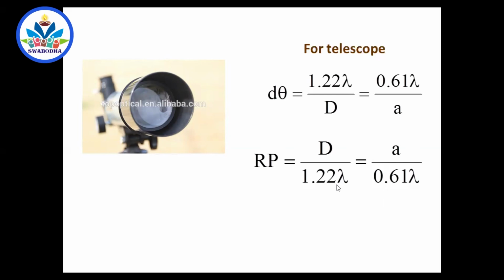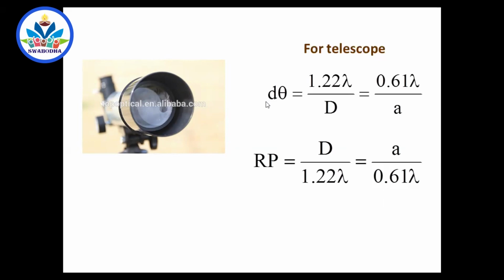So the definition of limit of resolution for a telescope: it is the minimum angle subtended at the eye by two closely lying objects which are seen just separated when seen through the telescope. When you see through the telescope, for example, two craters on the moon are seen just separated, just two separate craters.